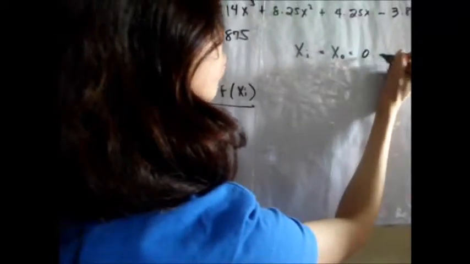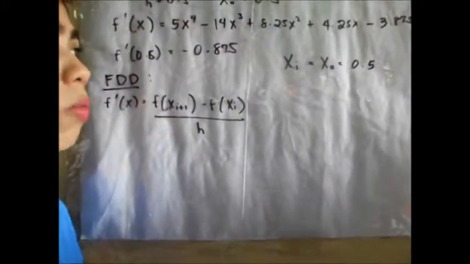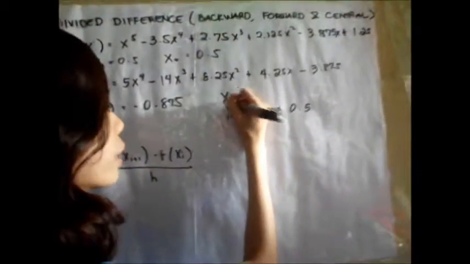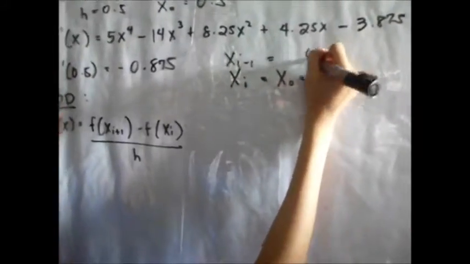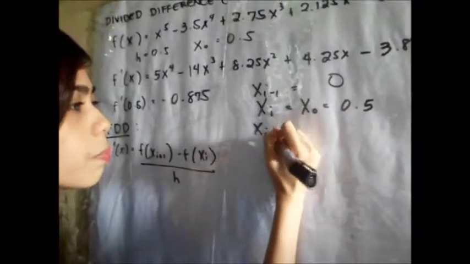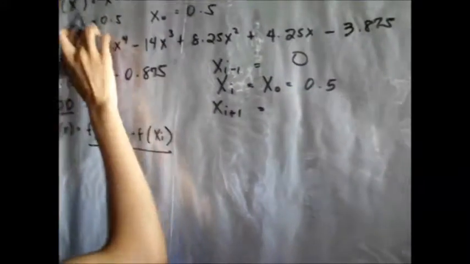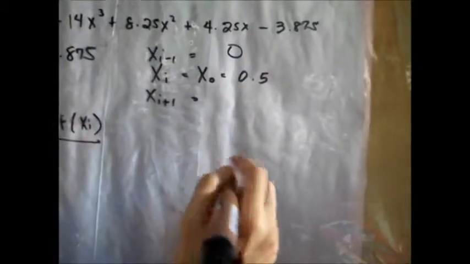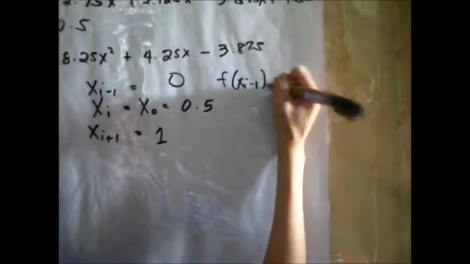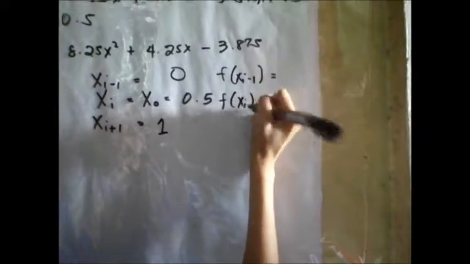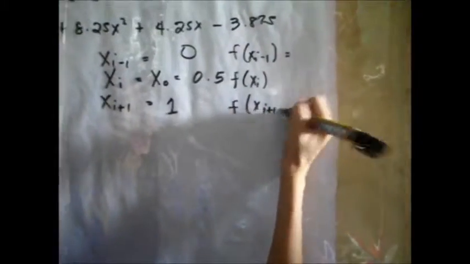We have 0.5, so it means if we go backward by the step size, we have the i minus 1 of 0. Then for the x sub i plus 1, since we have the step size of 0.5, 0.5 plus 0.5 gives us the value of 1. Since we have these values, we can now substitute those values to the original equation to find the f of x sub i minus 1, the f of x sub i, then the f of x sub i plus 1.